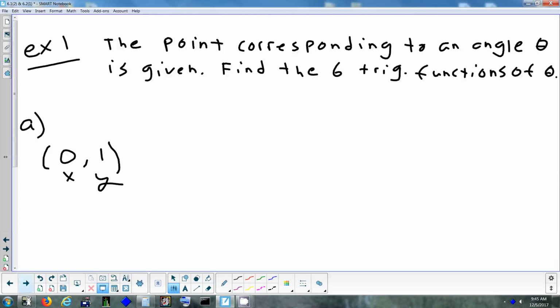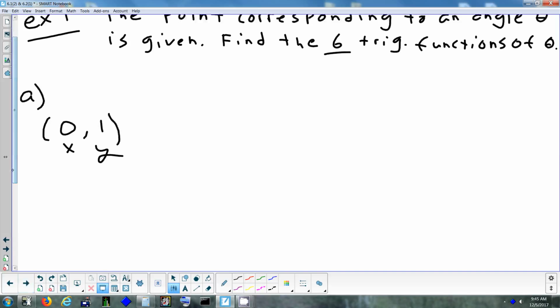Now, plug that coordinate into the 6 formulas we just had on the other page. What was the definition of sine? Sine equaled, yep, y. And what's y in this case? 1.